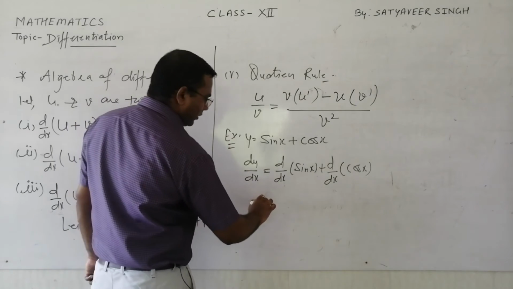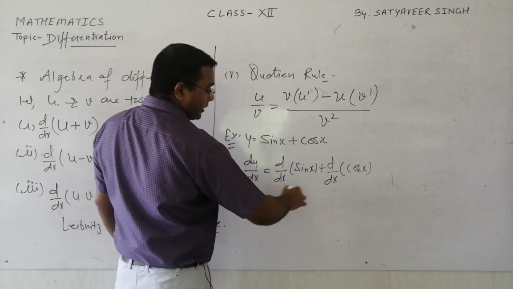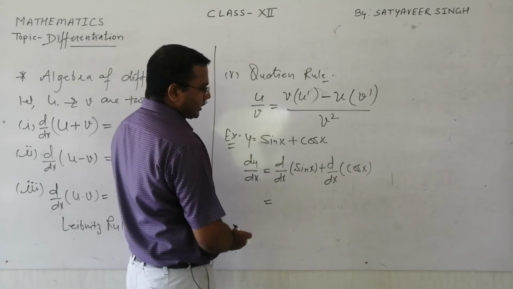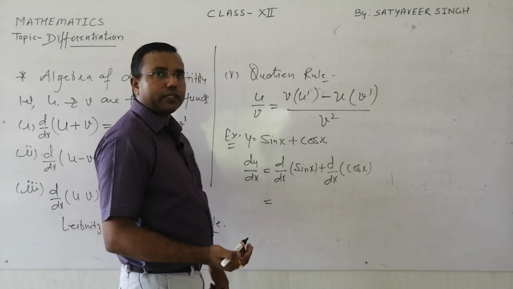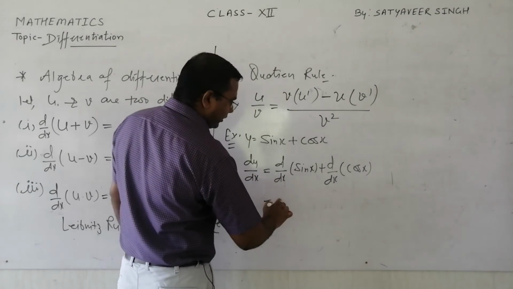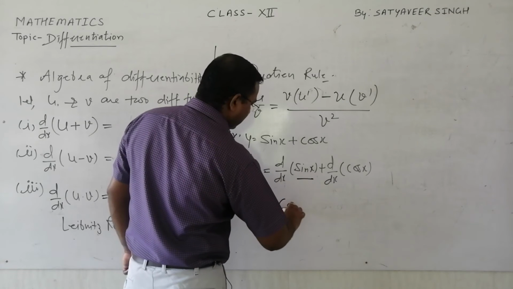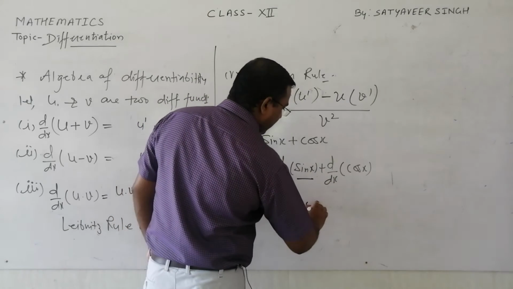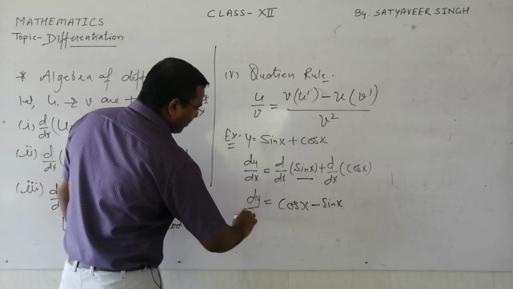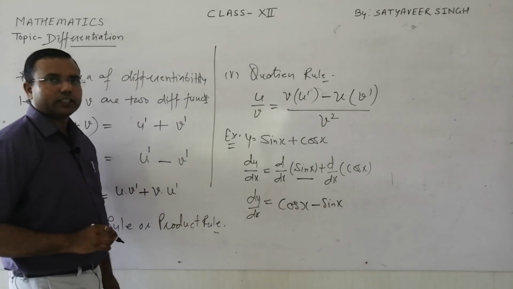You can easily do without any problem. Differentiation of sin x, that I'll discuss with you in the next class, but we have done this part in the previous class or grade, so you can understand from here the differentiation of sin x is cos x, and of cos x is minus sin x. So you got dy upon dx is equal to cos x minus sin x.